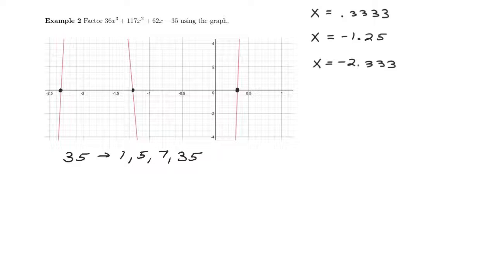Of course, you could have negatives too, but for 36, okay, there's a lot more here. Let's see, we have 1, 2, 3, 4, 6, 9, 18, and 36. So some numbers will have a ton of factors, but you can list them out if you'd like to.